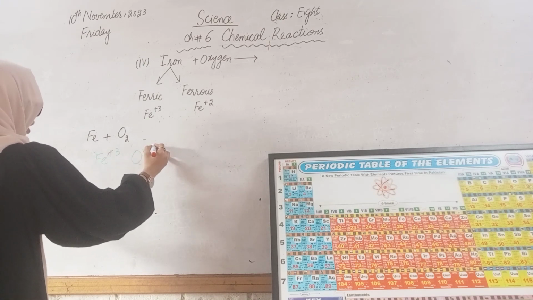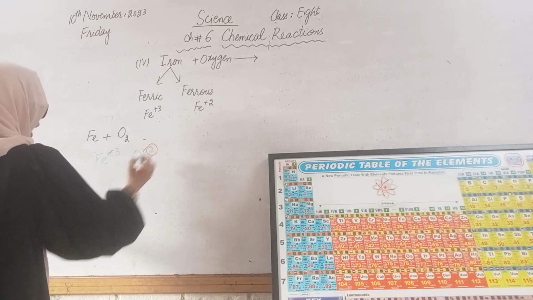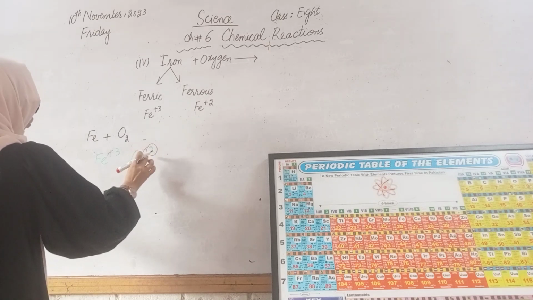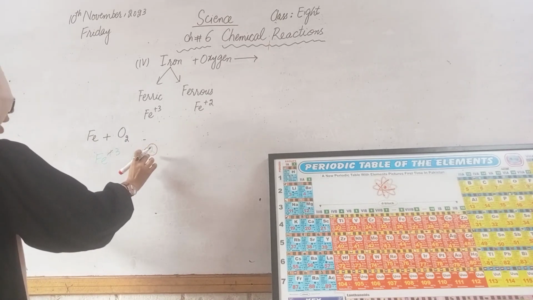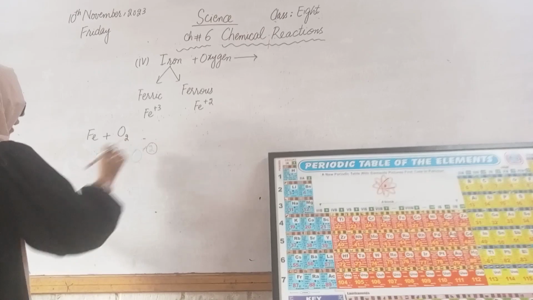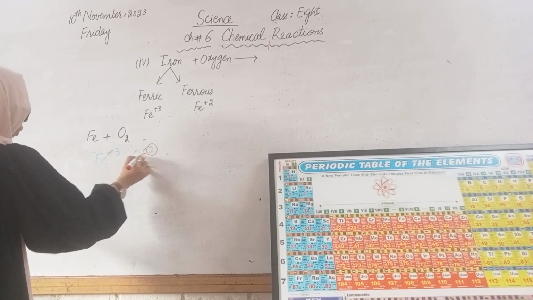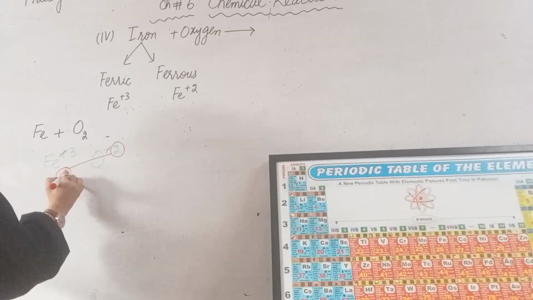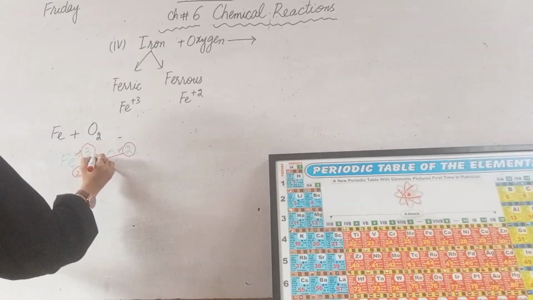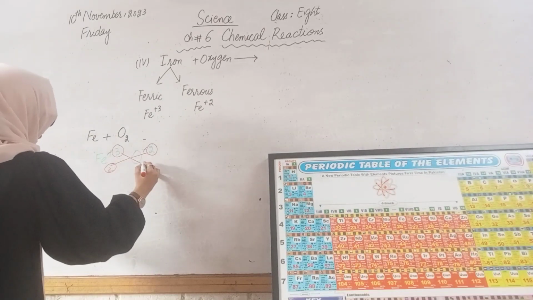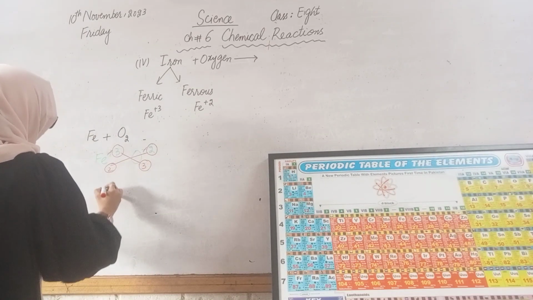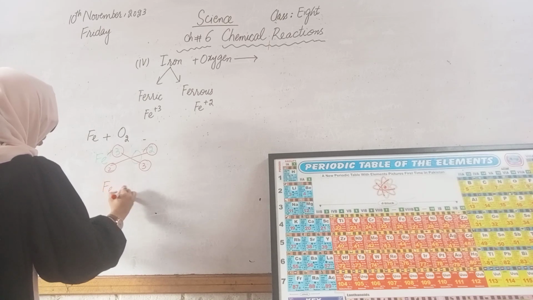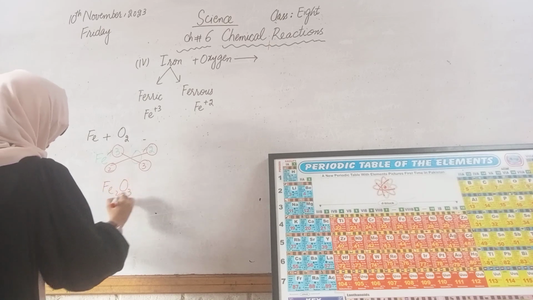So we will write them one on the top, the other on the bottom. The 2 will move to the bottom of Fe and 3 will move to the bottom of O. Fe2O3.